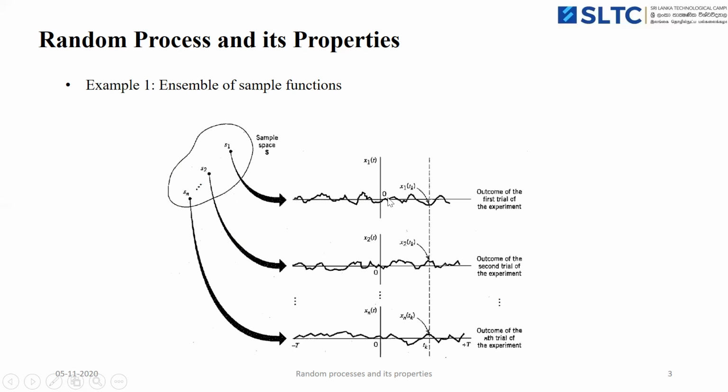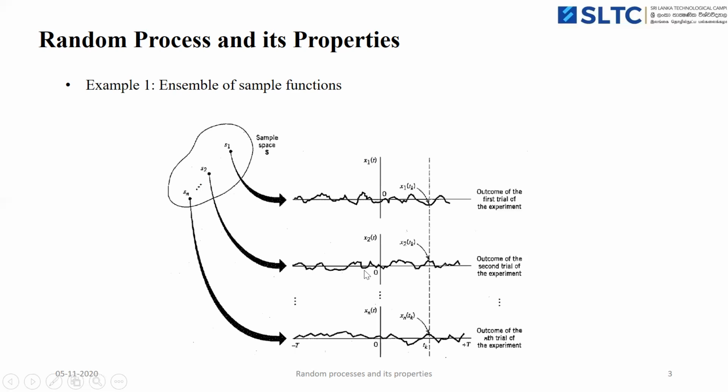If you measure the value at a particular time, say time t1, it will give the value of the sample function. So for the first sample function, at time t1, the value we measure is denoted by x1 of t. Similarly, at time t2 in the first sample function, the value is x2 of t.